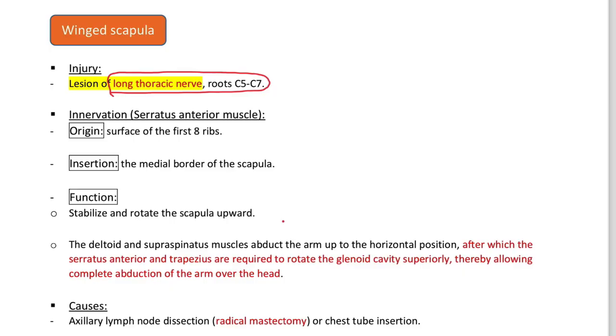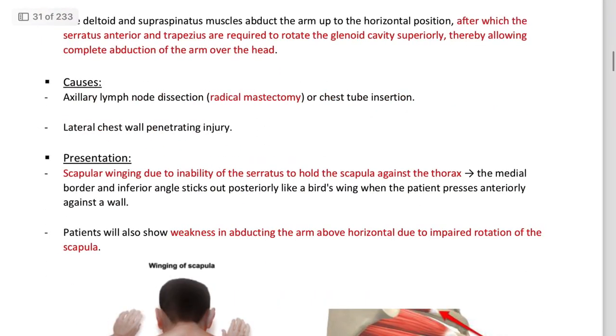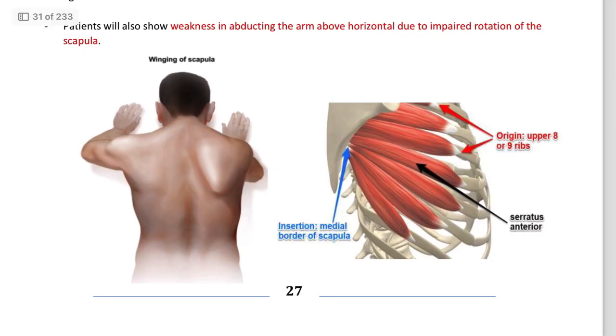Its origin is from the surface of the first 8 ribs, and insertion is on the medial border of the scapula. If you are seeing this image, this is the insertion at the medial border of the scapula, and origin is from the upper 8 or 9 ribs. So these are the serratus anterior muscles.